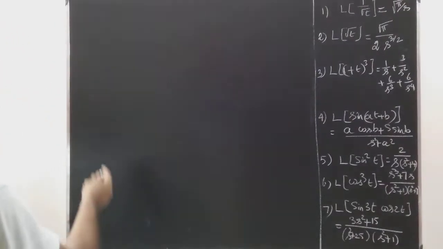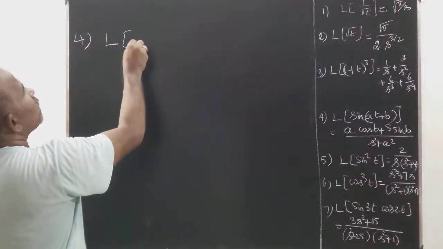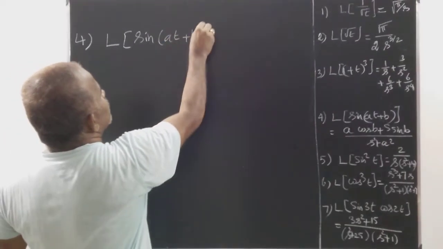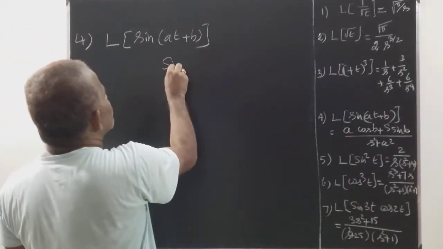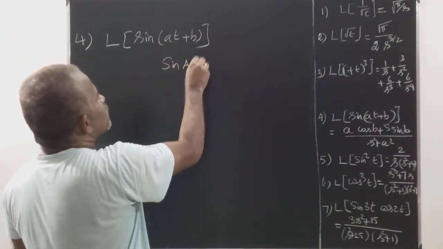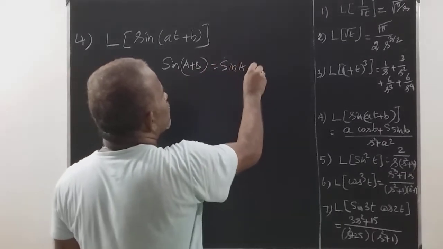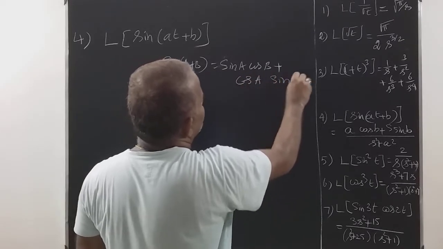Fourth one is Laplace transformation of sine of at plus b. Sine a plus b is equal to sine a cos b plus cos a sin b.